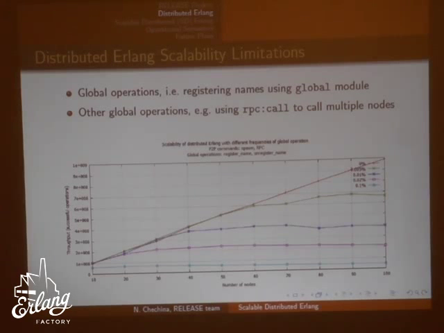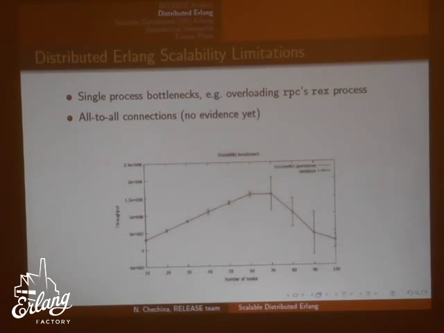And here I'm not talking about the size of one VM. That was covered by Kostis Sagonas, whose part in the RELEASE project is to scale 1 VM, so how many cores of 1 VM can work. Our aim is to make as many VMs working together as we can.